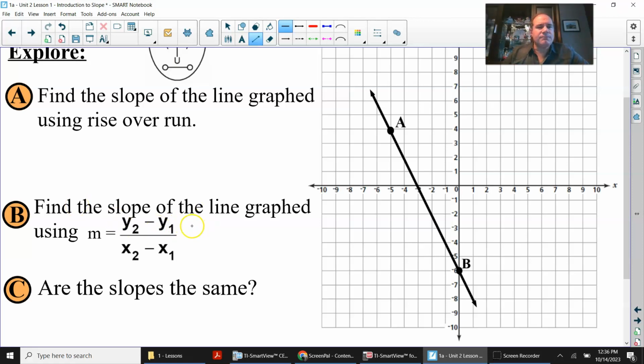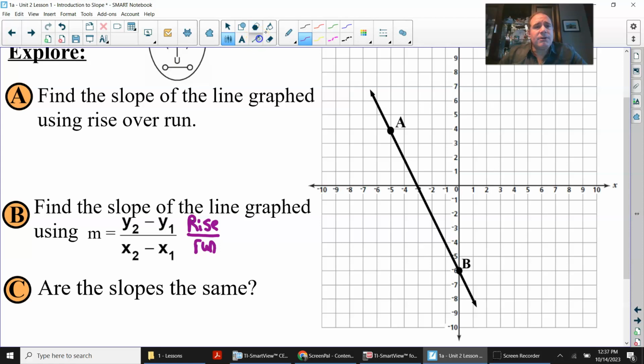This y2 minus y1 is the rise. So let me just get back to my pen. So this is the rise. This is the run. So you're using rise over run, but you're using y2 minus y1, figuring out how much it did rise. And then run is the x2 minus x1. That's how much it did run from left to right.